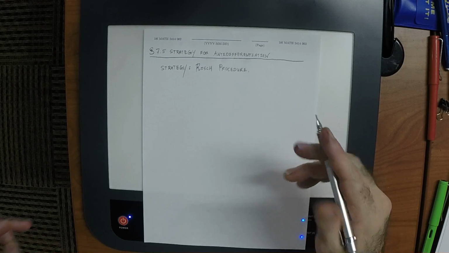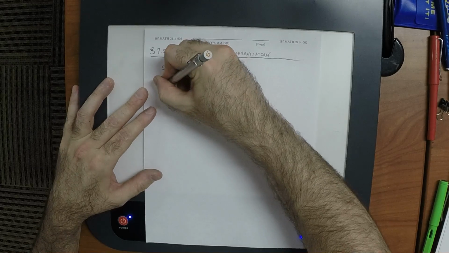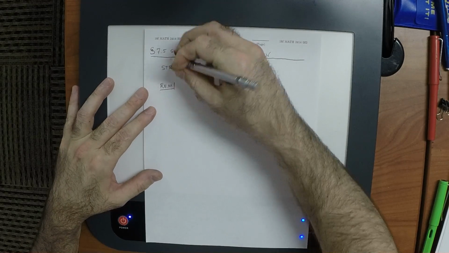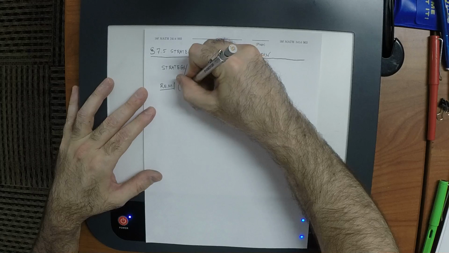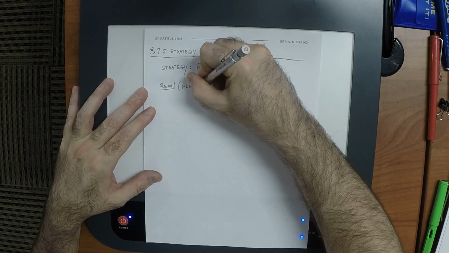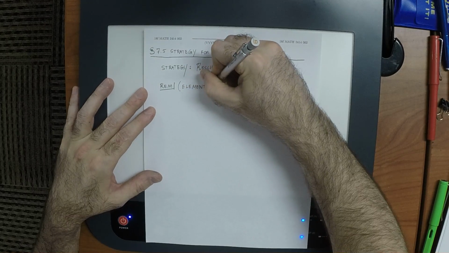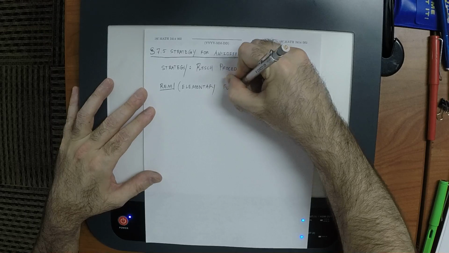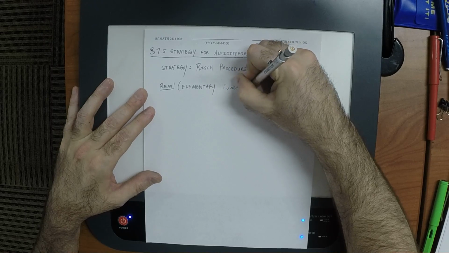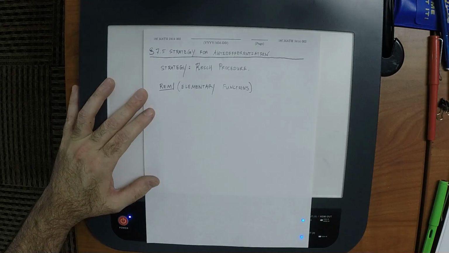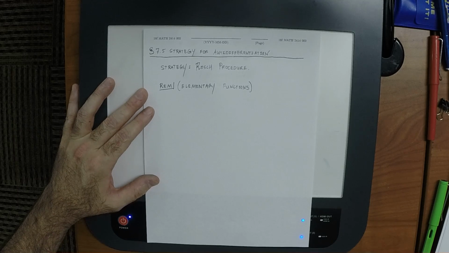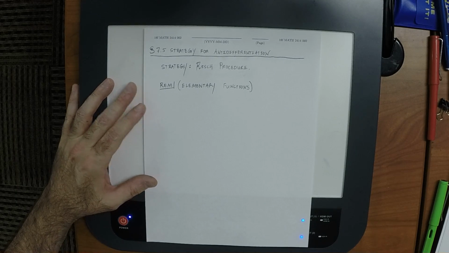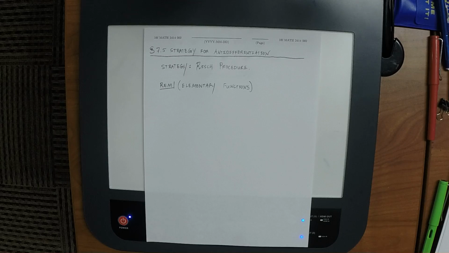Now, here's the deal. We have this set of functions called elementary functions. So elementary functions, okay, are essentially every function that you know.